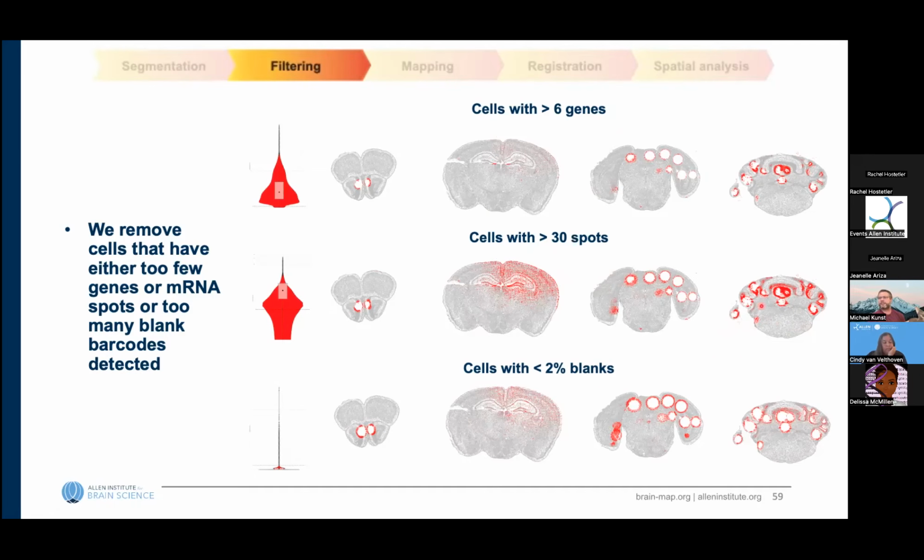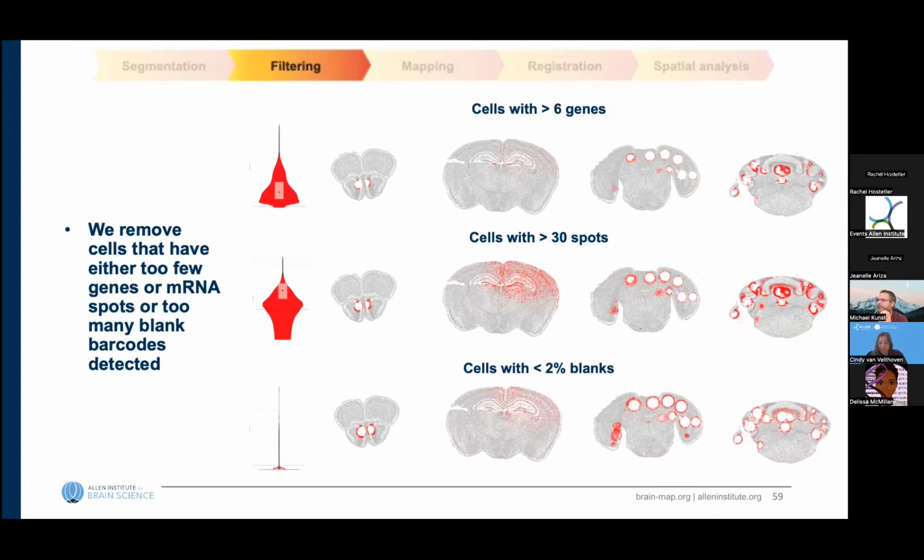And then the last one is what's called blanks. Blanks are basically a measure for false positives. If you're familiar with MERFISH, you know that genes have these barcodes, and they have a certain Hamming weight and Hamming distance, so you have them on in 4 rounds.